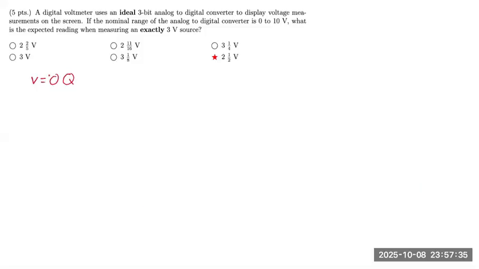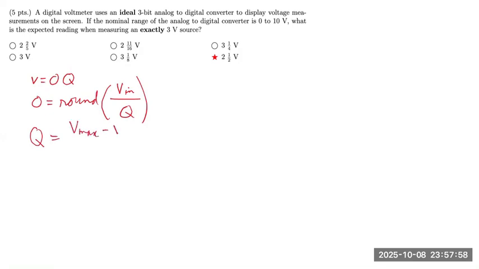The integer output O is round Vn over Q. And we have to find Q, the quantization interval, which is V max, the maximum voltage, minus V min over 2 to the power of n.